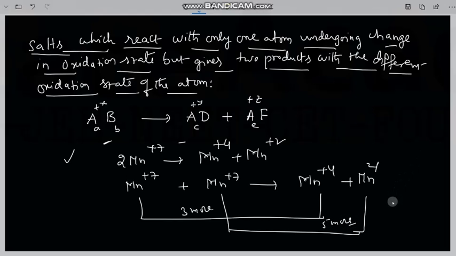That means for each mole of Mn plus 7, how many electrons are exchanged? If the n factor is asked, we can easily say the n factor is 8 by 2, which equals 4 moles of electrons.